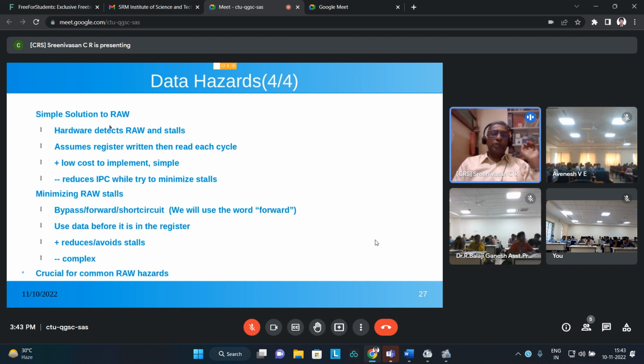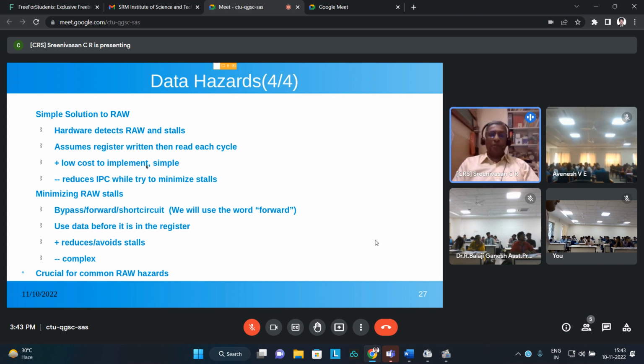The simple solution to read after write, RAW, which stands for read after write: the hardware detects the read after write, then it stalls and waits, then assumes a register to read each cycle.